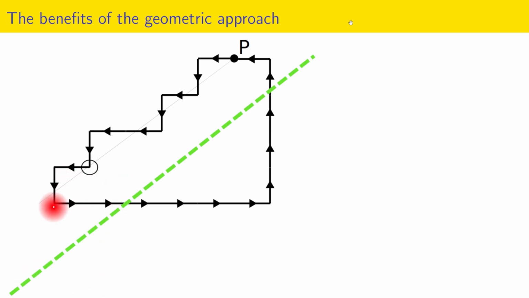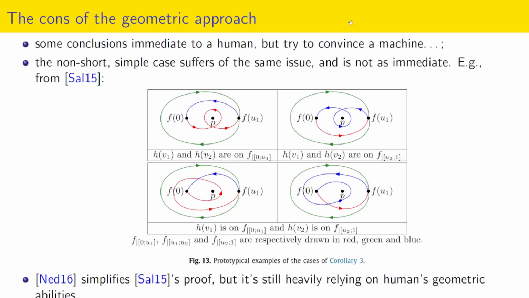Why? Because then if this holds, the two bits going from the origin to this intersection point, and from this intersection point to P, are balanced. Again, this can only be applied in some cases. So the problem is that you have a lot of possible cases in the original geometric proof. I just took an excerpt here.